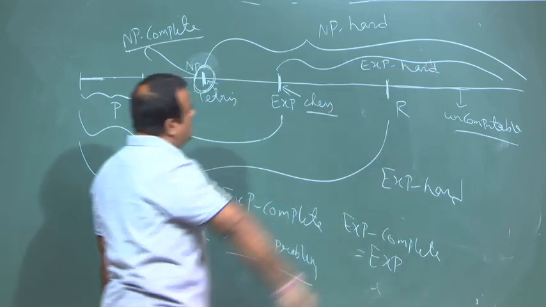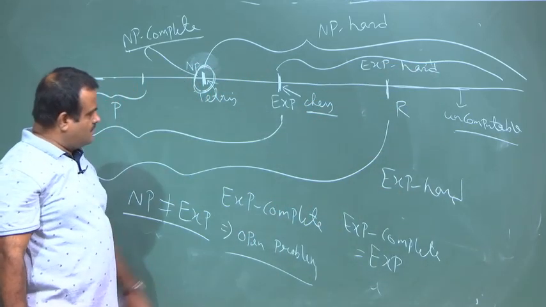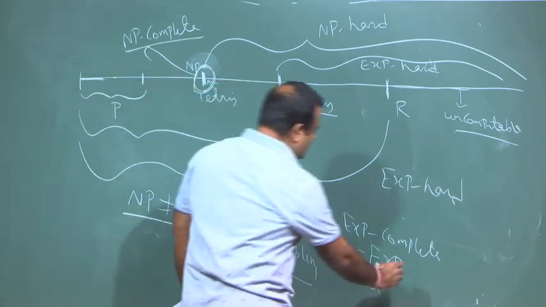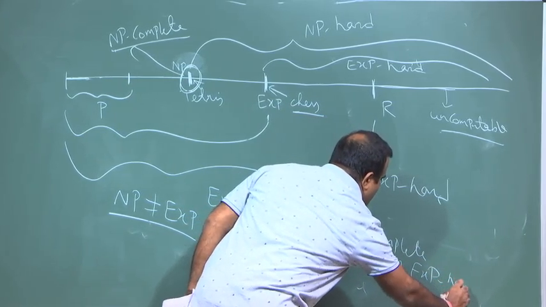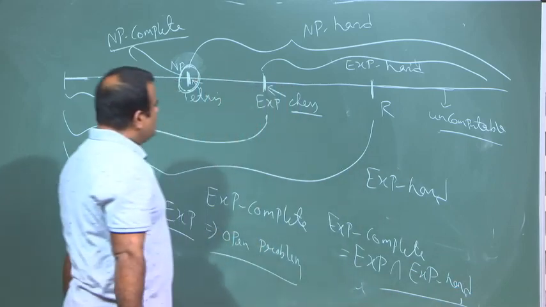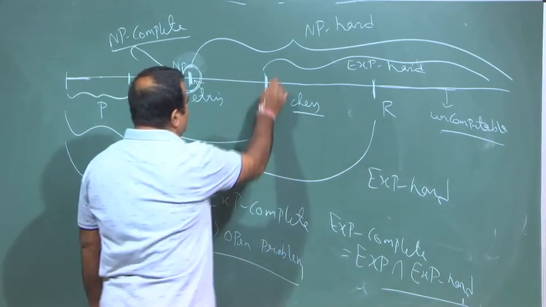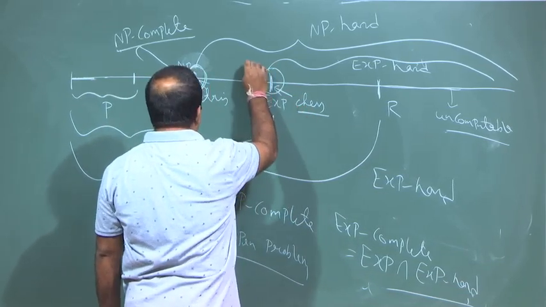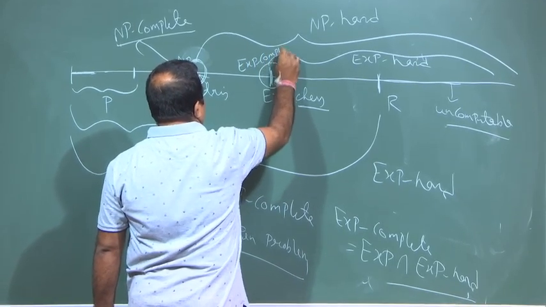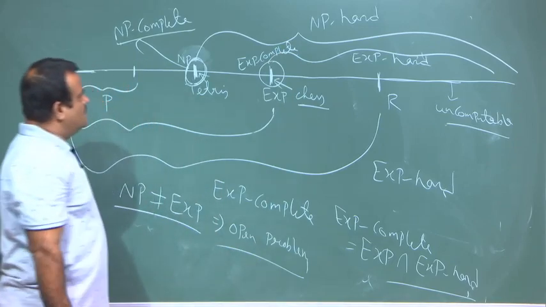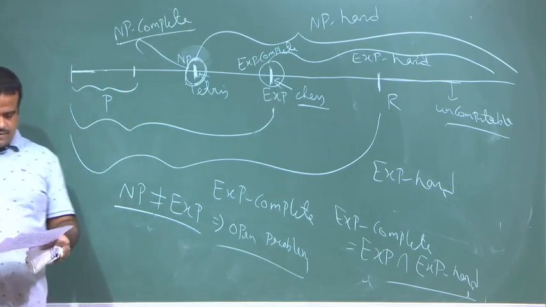All problems in this set are EXP hard, and if we take the intersection of EXP and EXP hard, then this is called EXP complete, and chess is one of the examples of EXP complete.